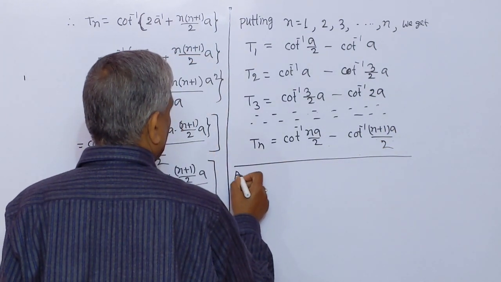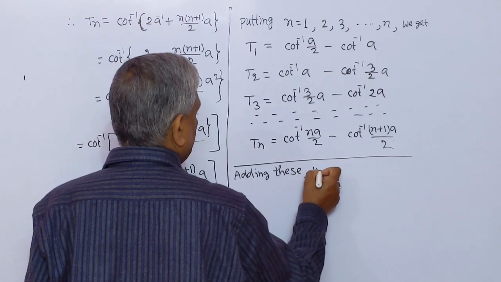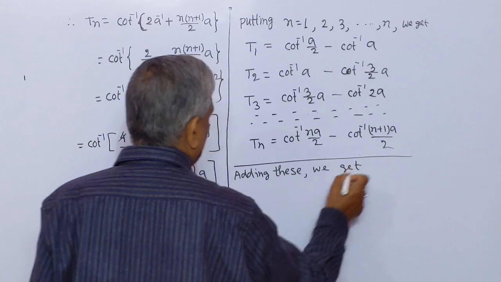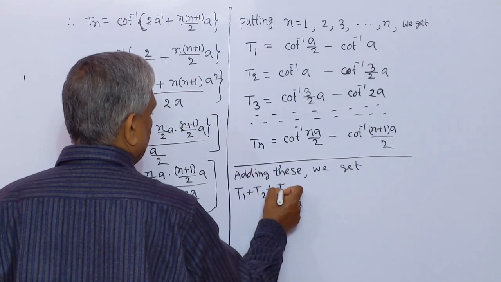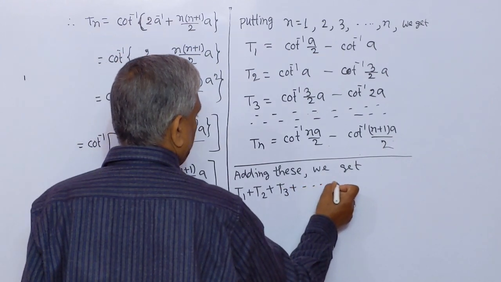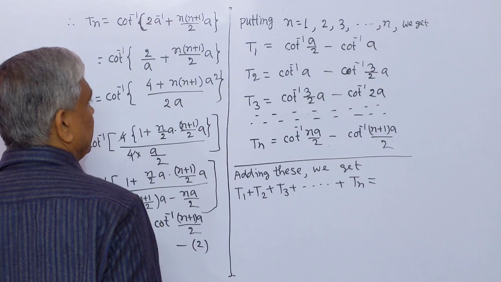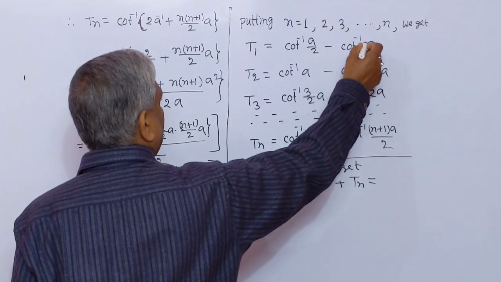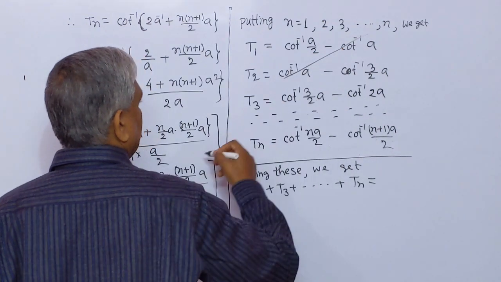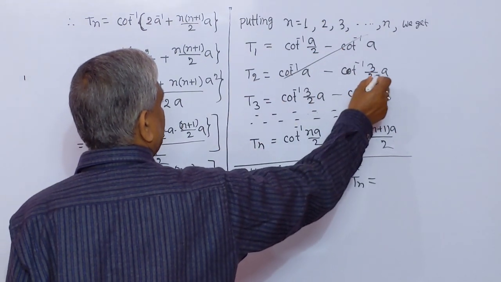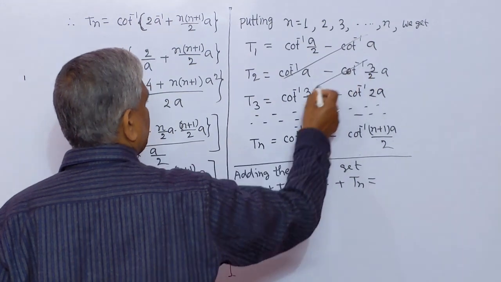Adding these, we get T1 plus T2 plus T3 plus dot plus Tn equal to, here we see cot inverse a negative, cot inverse a positive, this and this cancel, cot inverse 3 by 2 a negative, cot inverse 3 by 2 a positive, this cancel.